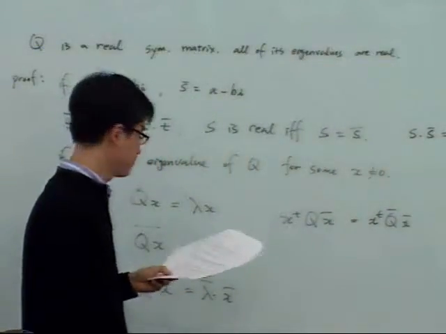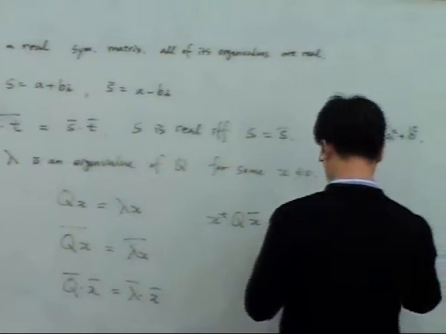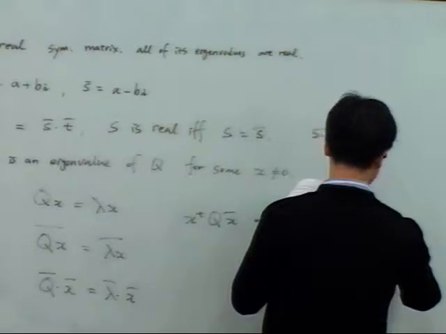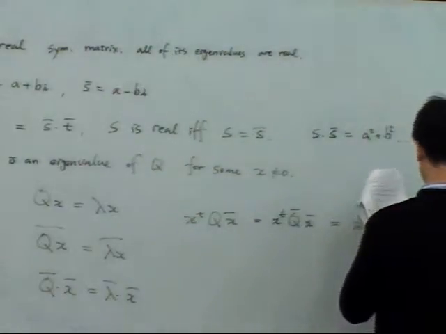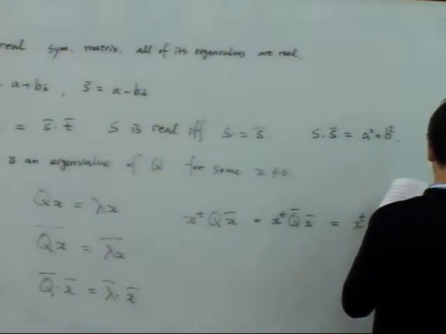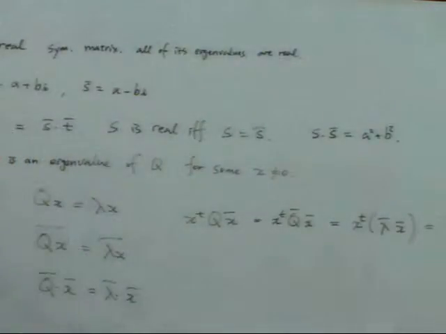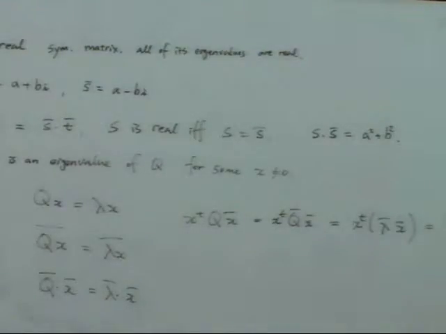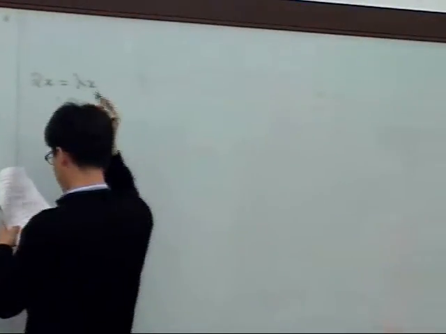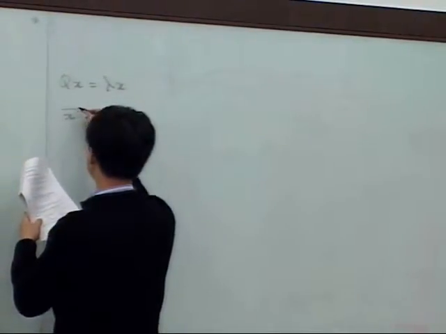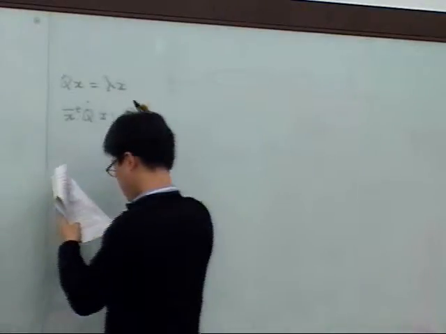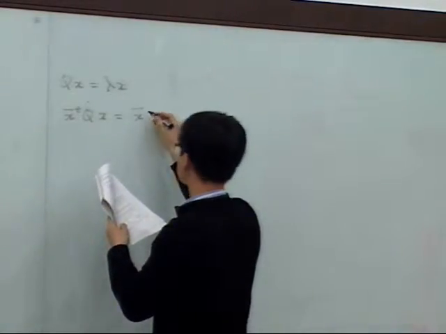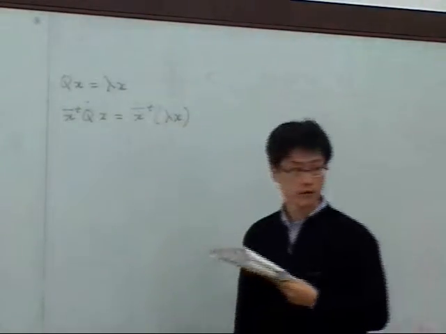Can you follow this step? Another thing is we can write Qx is lambda x, and x conjugate transpose Qx is equal to x conjugate transpose lambda x, right?